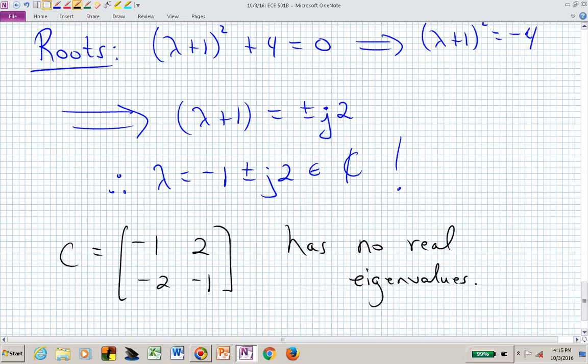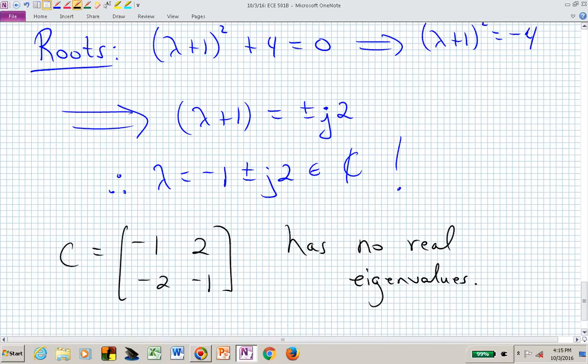C was actually written in a form where the real part was on the diagonal and the imaginary pieces were in the off diagonal. You can now see that we have minus 1 plus and minus j2 staring at us in that particular representation of C.